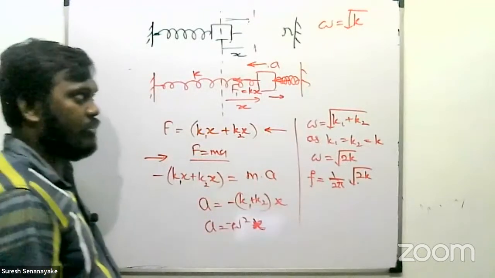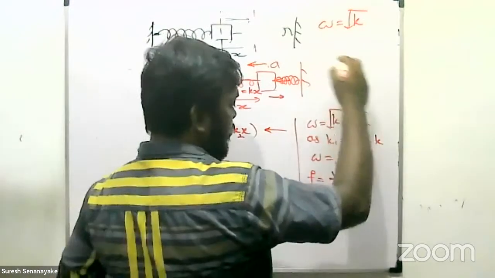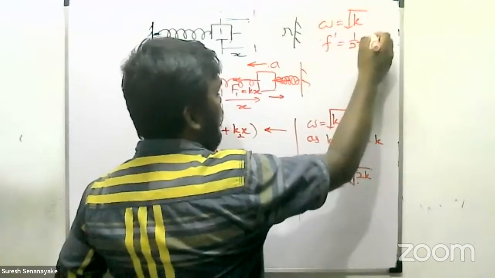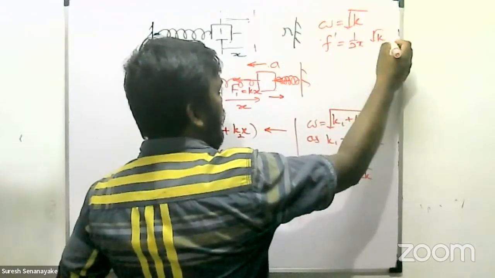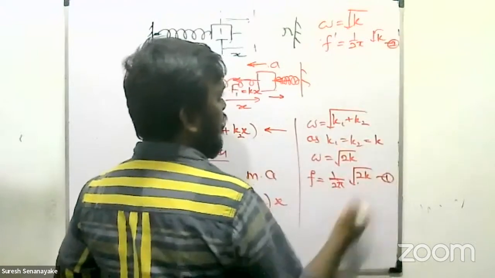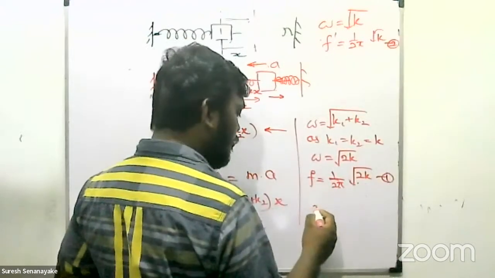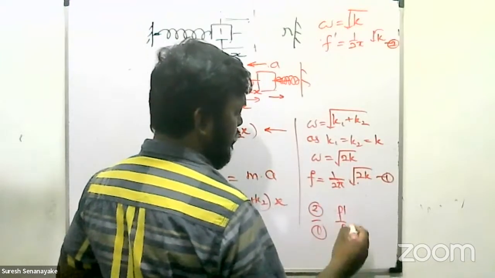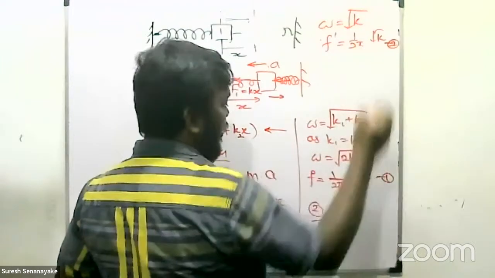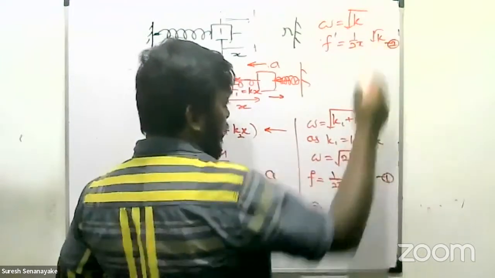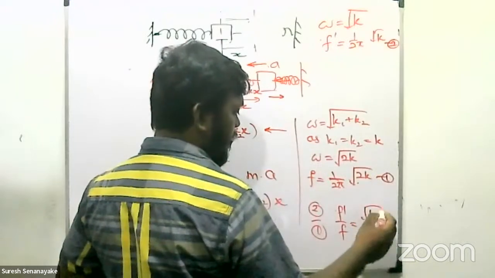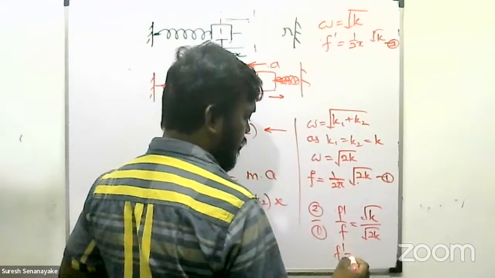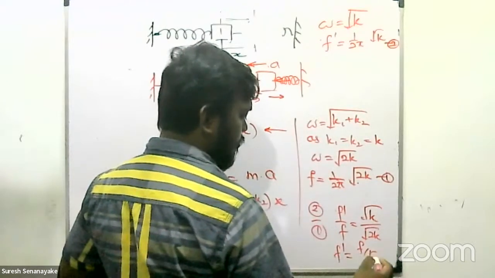Then omega equals the square root of k over m, and the frequency in this case is 1 over 2 pi times the square root of k over m. Take the second equation and divide it by the first. So f dash over f equals 1 over 2 pi, with 1 over 2 pi canceling, and the square root of k divided by the square root of 2k. The k cancels. So f dash equals f divided by root 2.